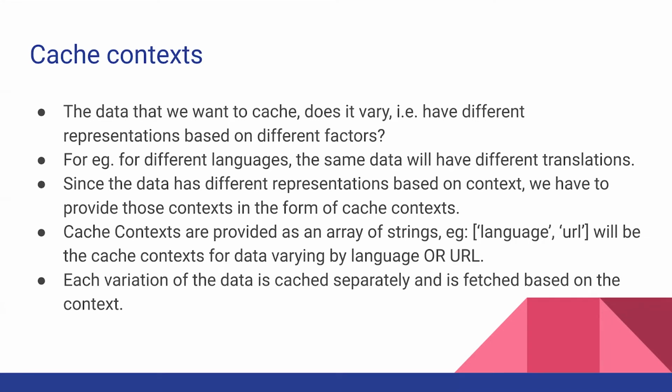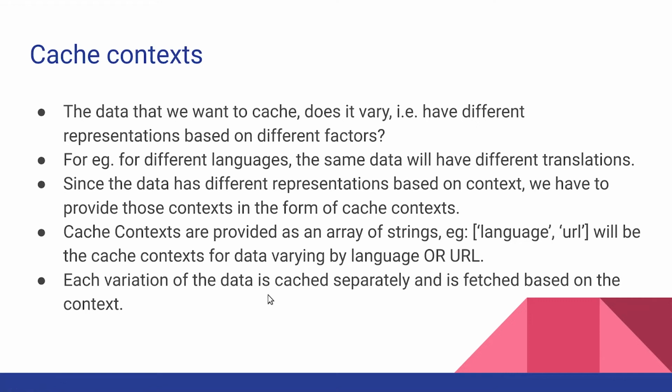Again, as part of the render array. We can specify whether the cached entity will change with every change of the URL, with every change of the language, or with every user. That we can provide in an array format to the cached entity as cache metadata.